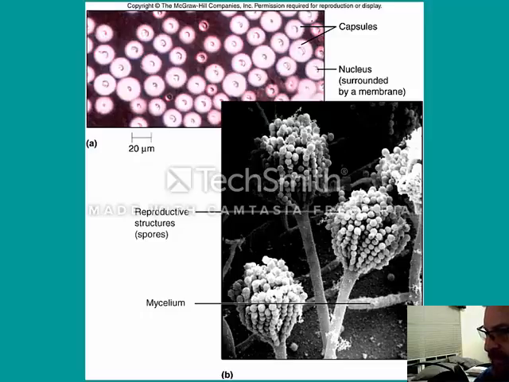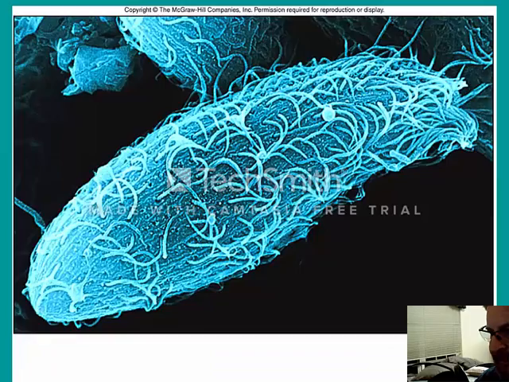Those little balls are what a majority of people who are allergic to molds are actually allergic to. They can breathe those in and can have an allergic reaction to them.